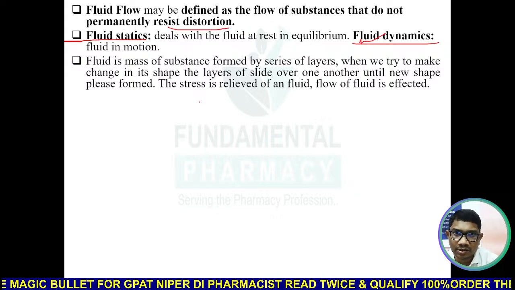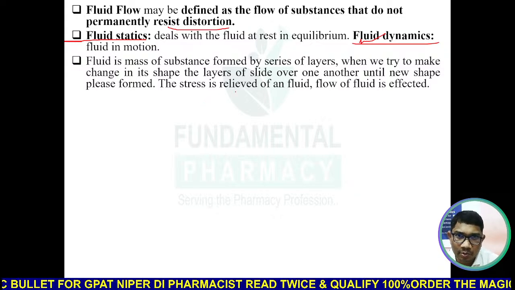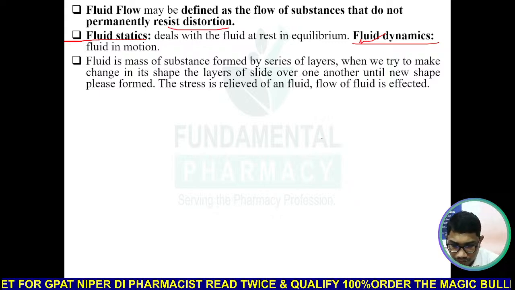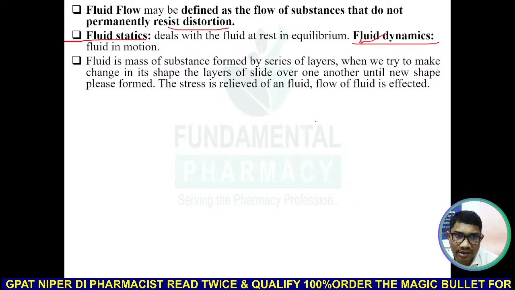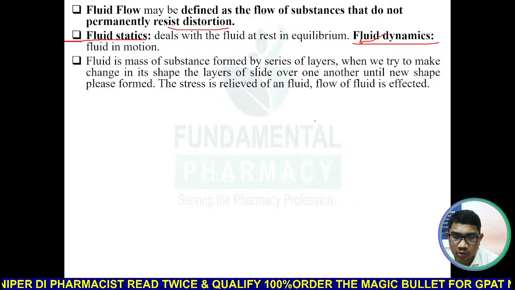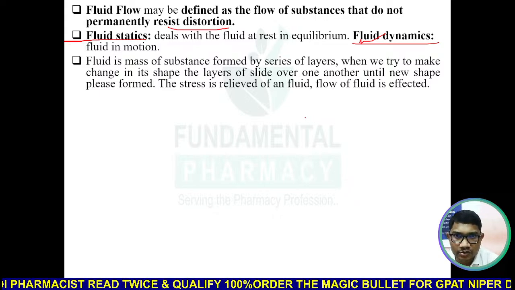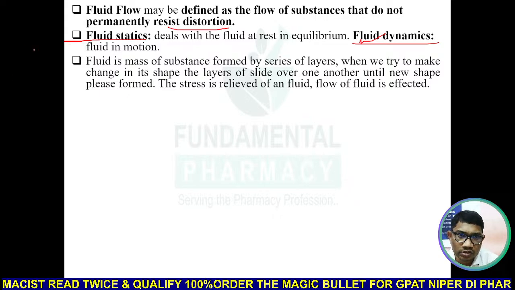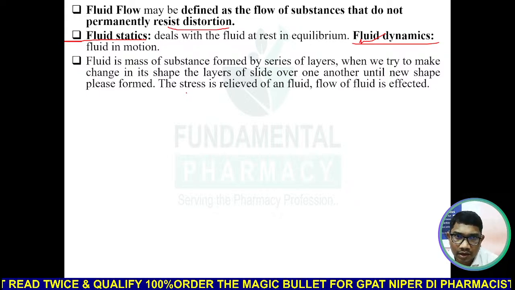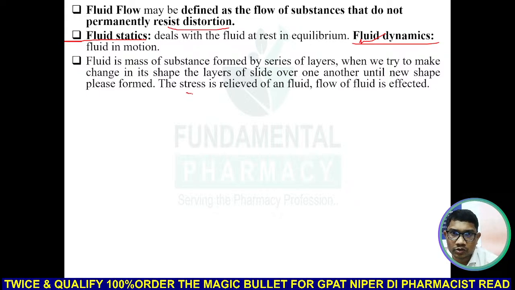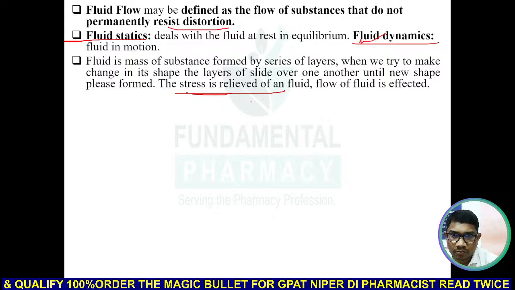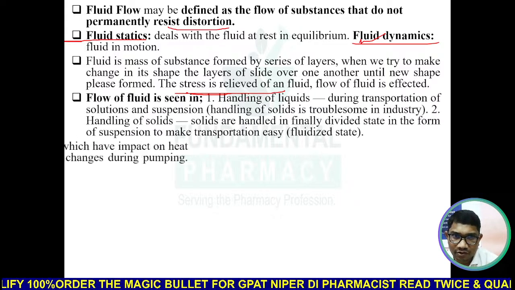So fluid consists of a mass followed by a series of layers. When we try to make changes in the shape of fluid, the layers will slide on one another until a new shape is formed, and the force will be relieved off the fluid, and fluid will start flowing.